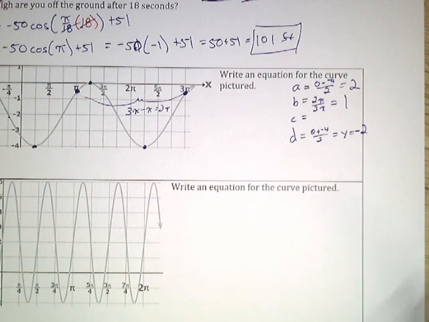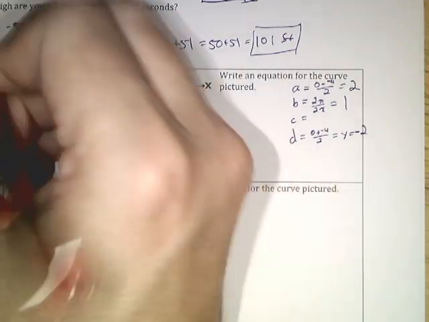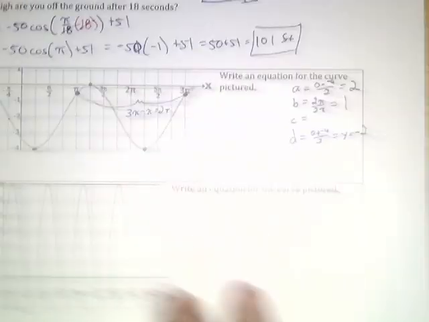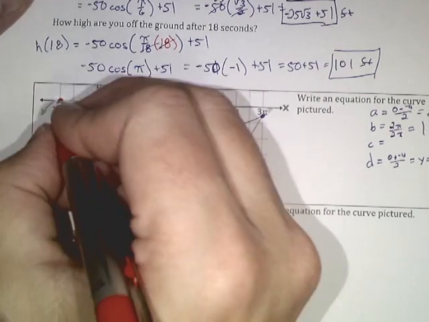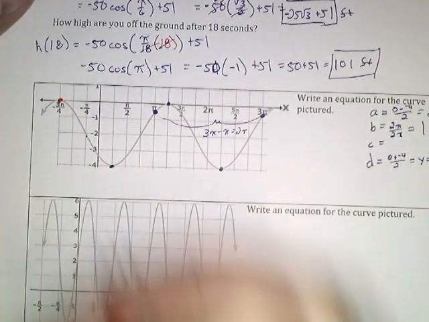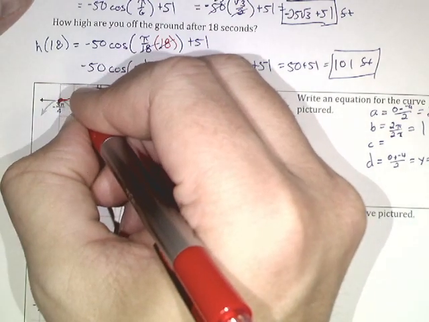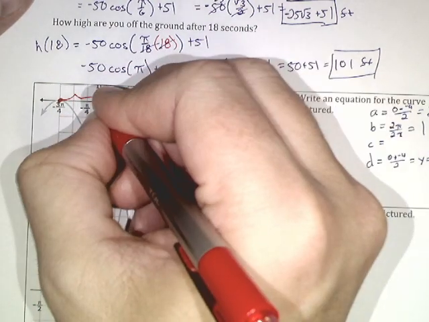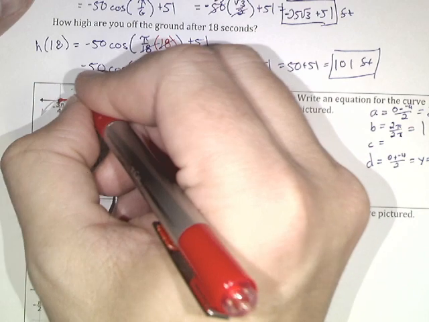Now, what point do I want to pick here? So I'm going to pick one that's labeled. So this guy right here is labeled. This is -3 pi over 4.